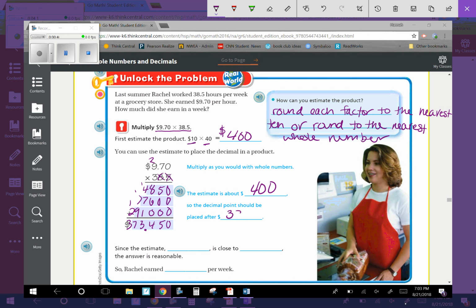So 373, since the estimate $400 is close to 373 and 45 cents, the answer is reasonable. So Rachel earned 373 and 45 cents per week.